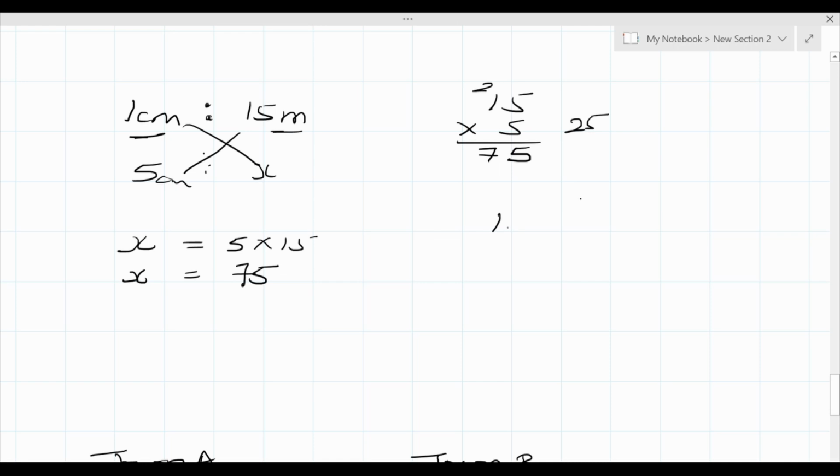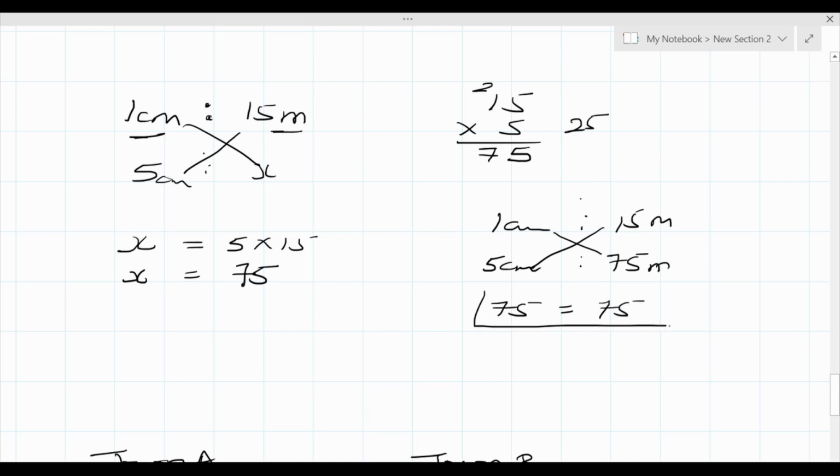So 1 centimeter to 15 meters, and now we have 5 centimeters, and we want to know if that is 75 meters. To test it, we are going to see if the cross products are equal. So 1 times this should give us 75 on the left hand side, and then 15 times the 5, which we just worked out, is 75 on that side.